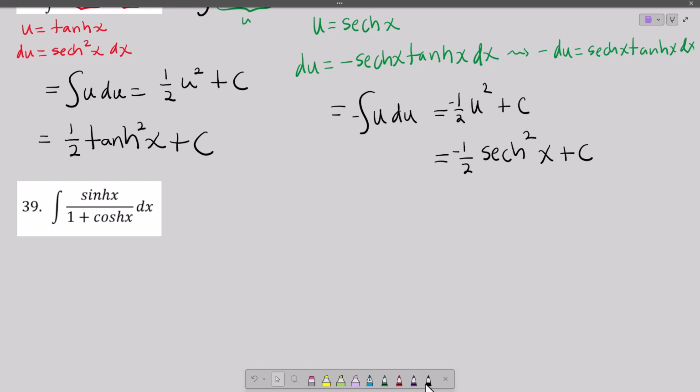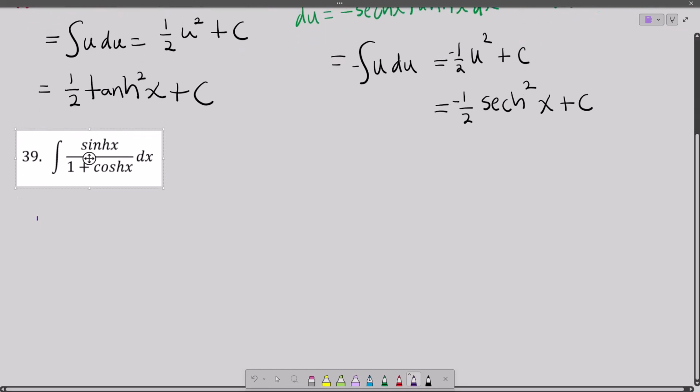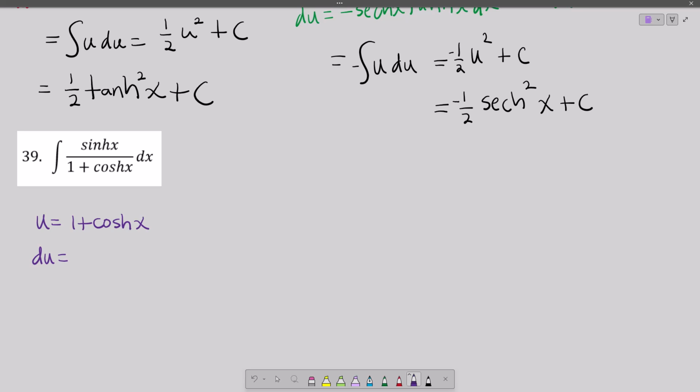If we let u be that denominator, notice what happens. When we take the derivative here, the derivative is going to be sinh of x.